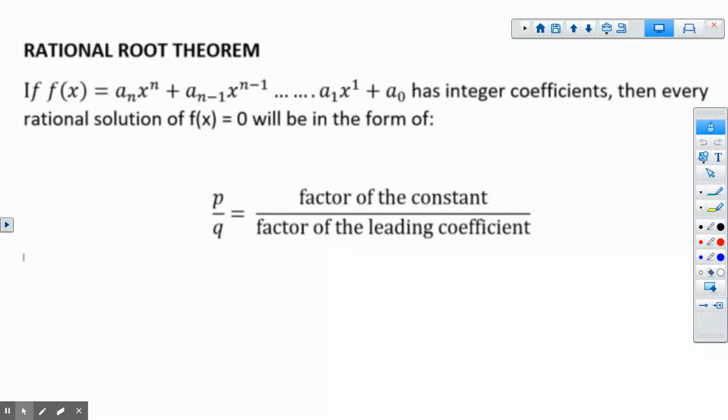The rational zero theorem says that the factors of the constant, P, divided by the factors of the leading coefficient, Q, are the only possible rational solutions for this kind of function if they have integer coefficients.